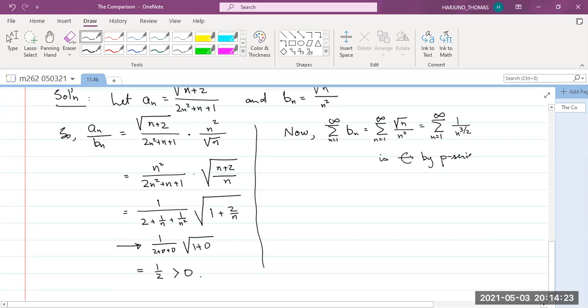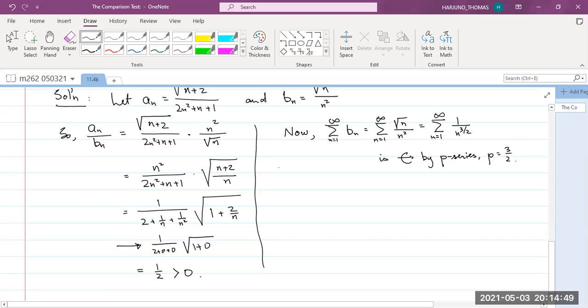So you need to first argue why the series you used for comparison is convergent, by p-series, p equals 3/2. And the reasoning is usually simple, right? You know it already, but you cannot say, oh, that's obviously convergent, Thomas. You need to tell me why, okay? Now, by p-series, the series for b sub n is convergent.